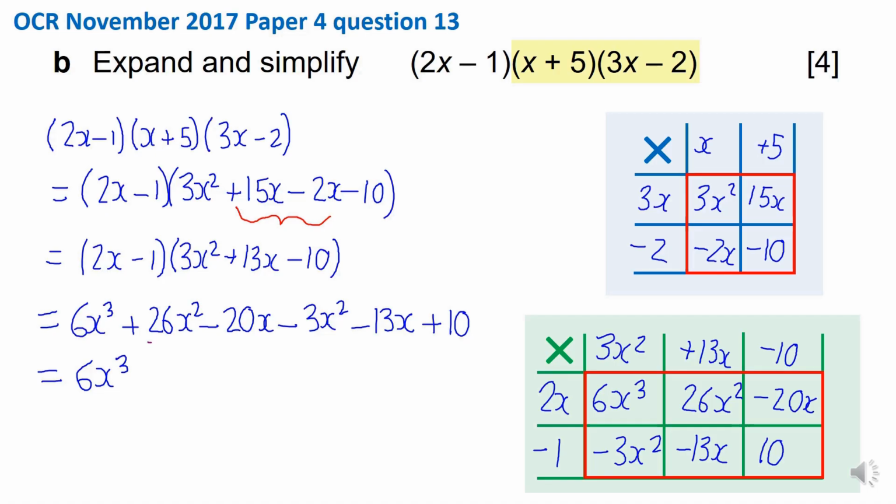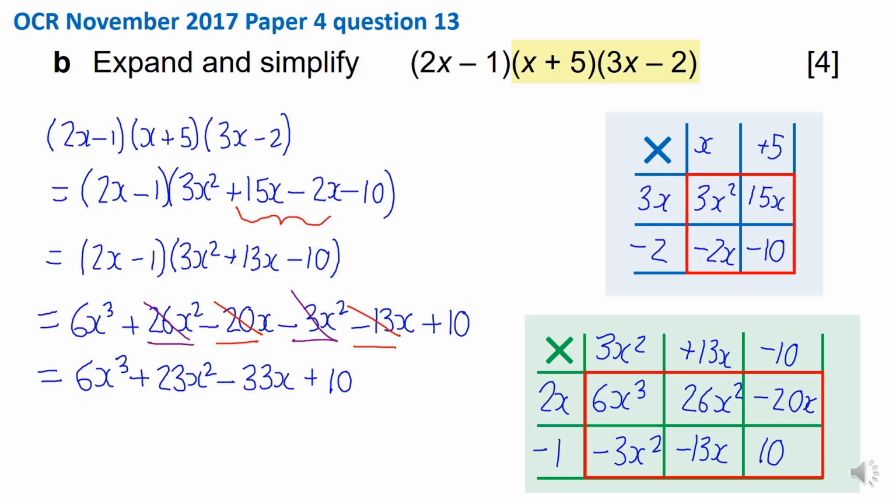There are two x squared terms, so we can write 26x squared minus 3x squared, which is 23x squared. There are two x terms, so we can write minus 20x minus 13x, giving us minus 33x. And then finally, plus 10. So this is the final answer.